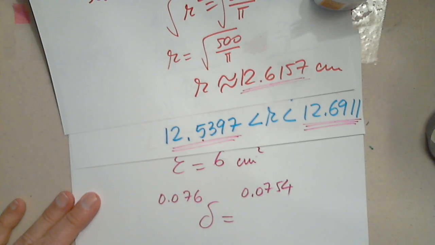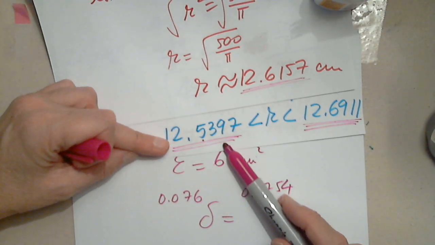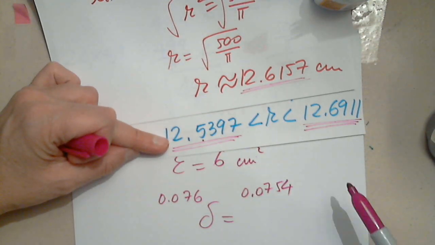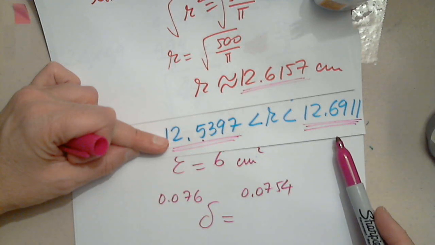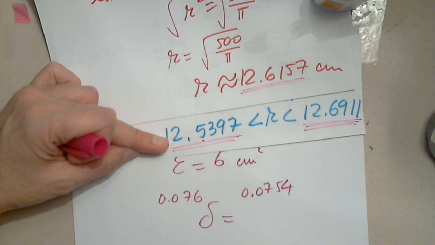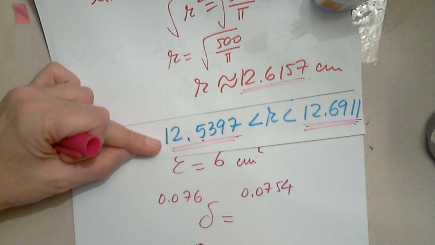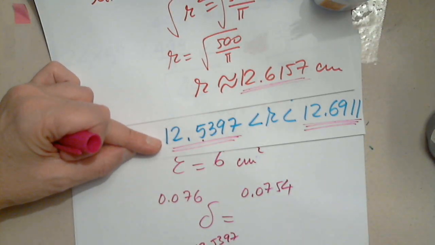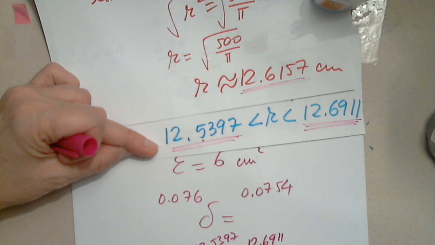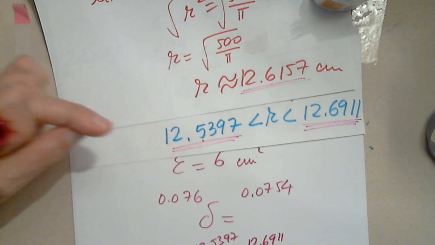So here is R, 12.6157. This value is here, and this value is here. Do I choose this as delta, or do I choose this as delta?